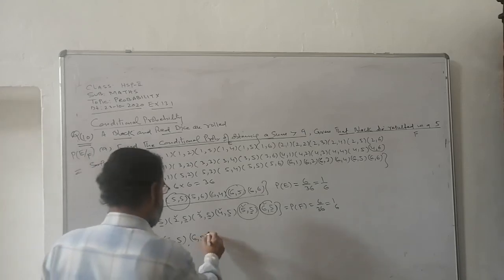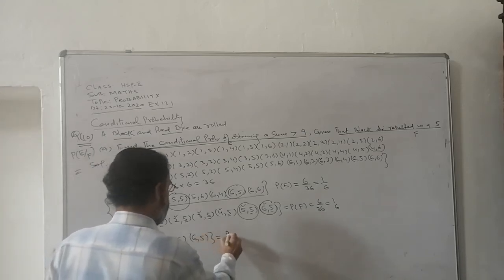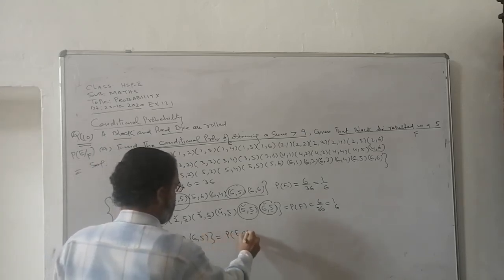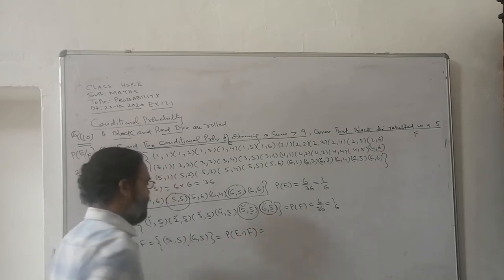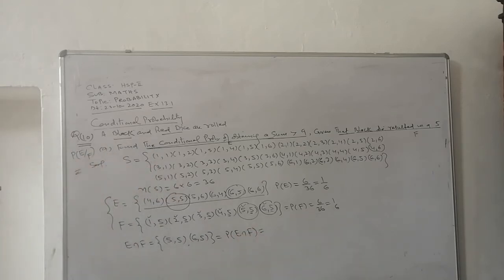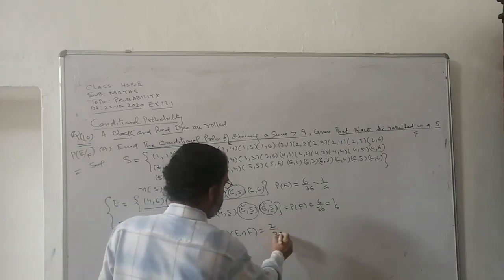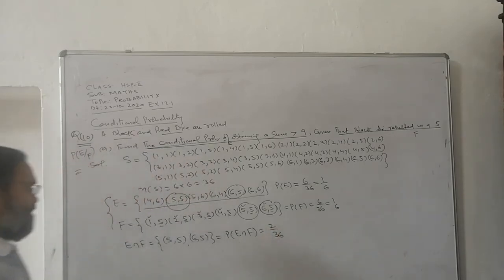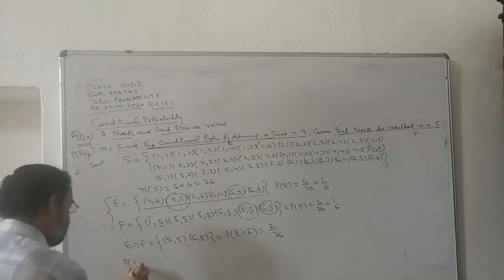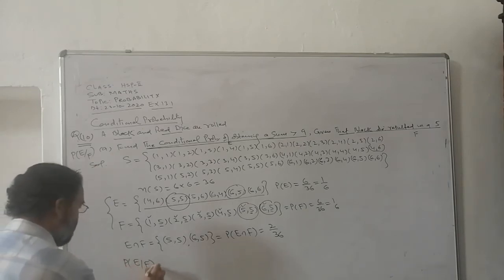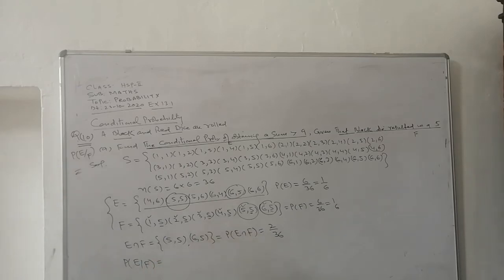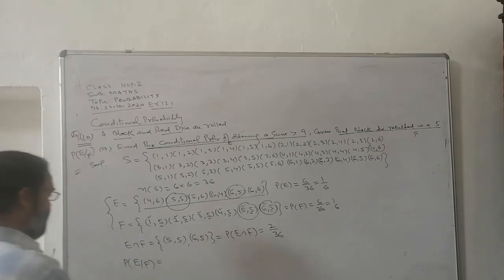So these are the 2 points which are common in events E and F. So its probability will be 2 upon 36.